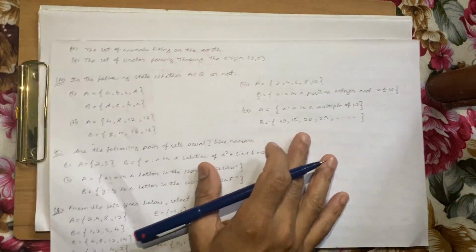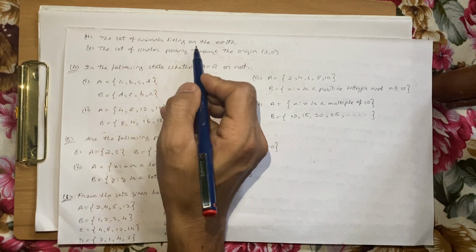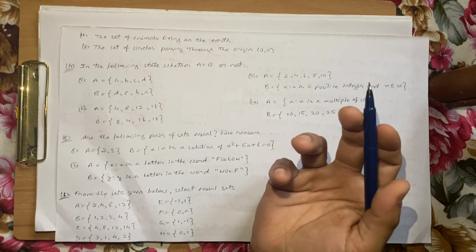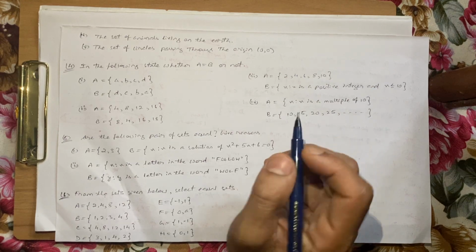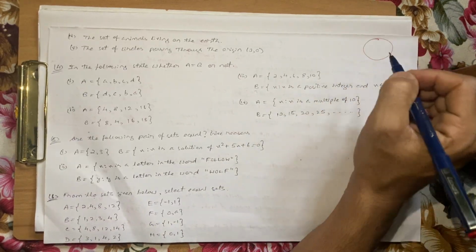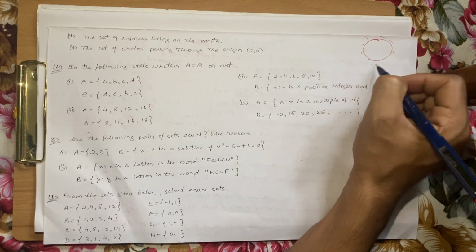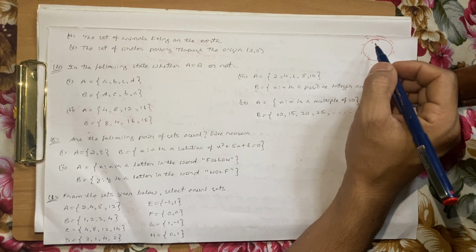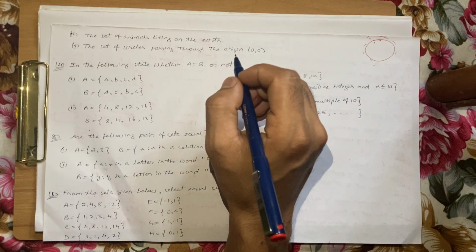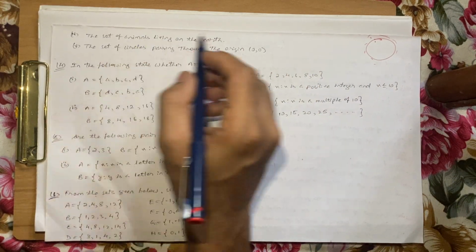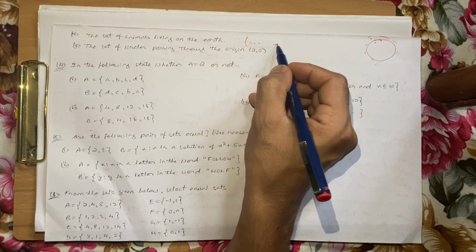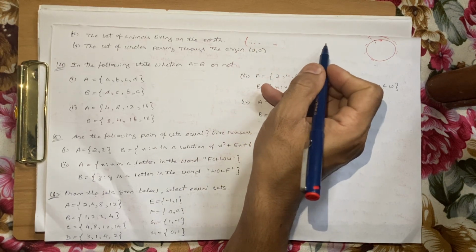Here also you may say that the set of animals living on the earth, there will be many animals, you can say, right? Like a lot of animals live on this earth's surface. If this is the earth, then there are numerous elements that live here. Even some live under the ground, okay? So you may say that this is a set, or this is a collection. If I try to form a set, I write the names of all the animals, then it will be a lot of animals.